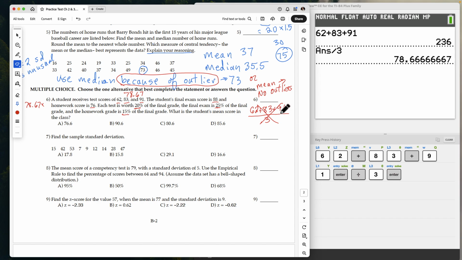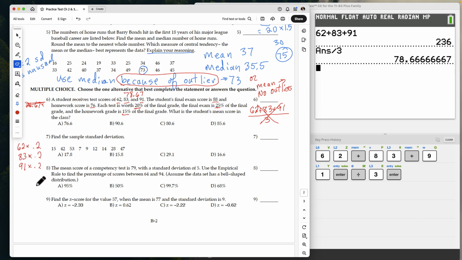We should probably get pretty close that way, but technically, really, what you do is 62 times 20%, which is 0.2, 83 times 0.2, and 91 times 0.2. This should be the way. I think you'll probably get the same either way if you were to average them and then do this.